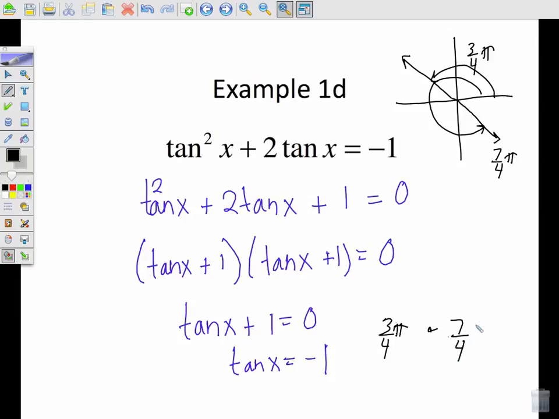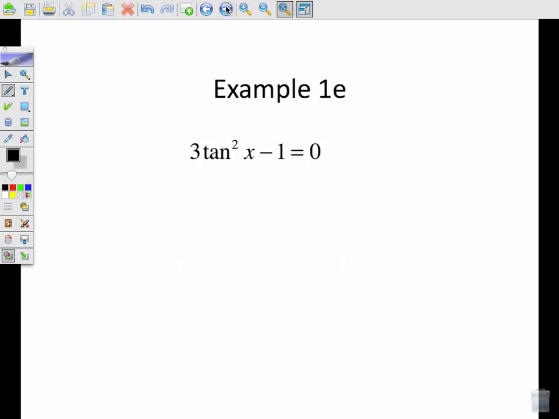So my solutions are 3/4 pi and 7/4 pi. Tangent is negative in quadrant 2 and quadrant 4, so then you have to decide where it is also equal to negative 1, not just being negative. All these values are coming from the ordered pairs on your unit circle.